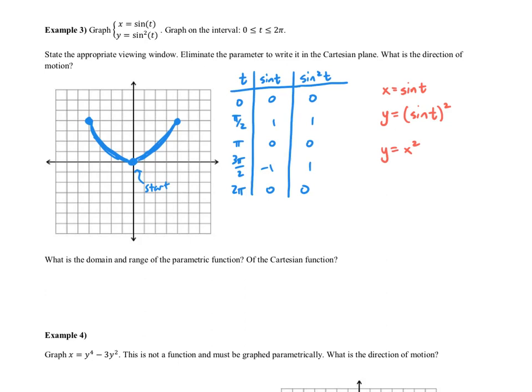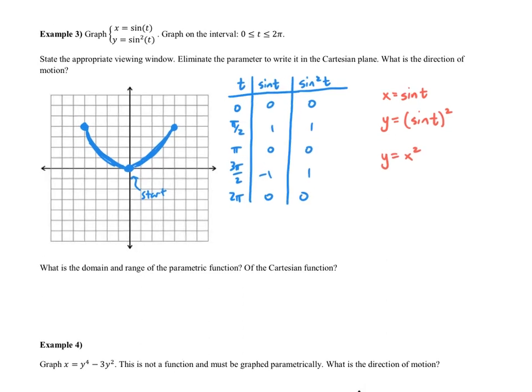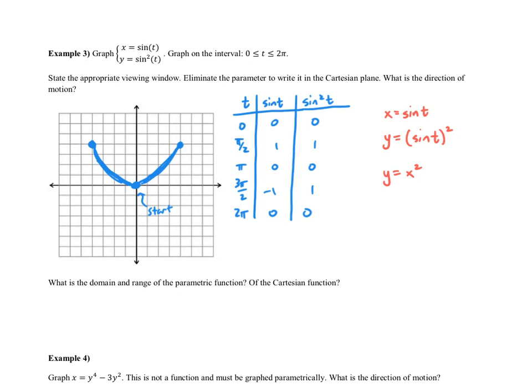Now, keep in mind, and I'm going to go back up to the original, our t value is between 0 and 2 pi. Now let's think about our parametrics here for a minute. So what is the domain? Now remember, x is equal to sine of t.